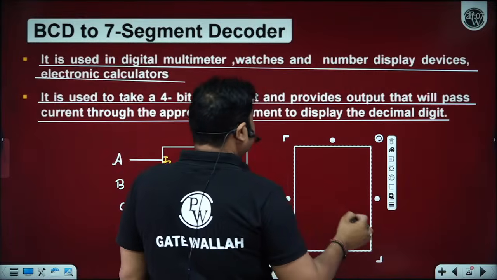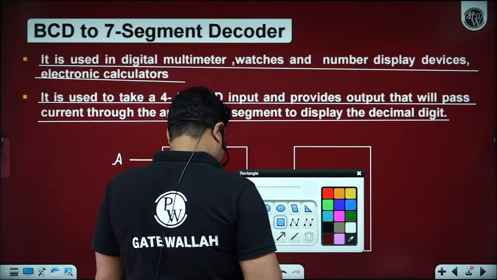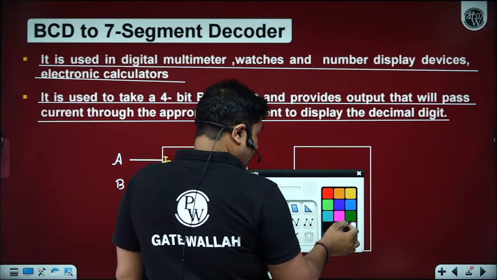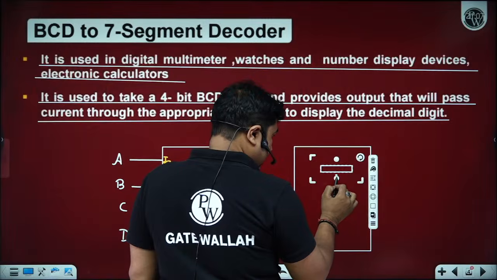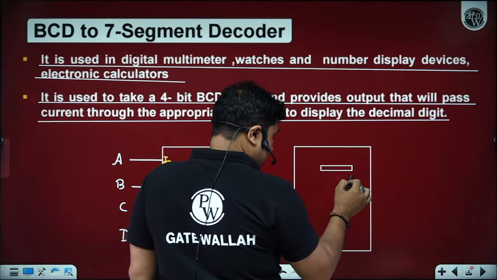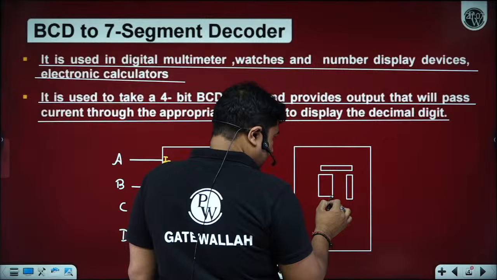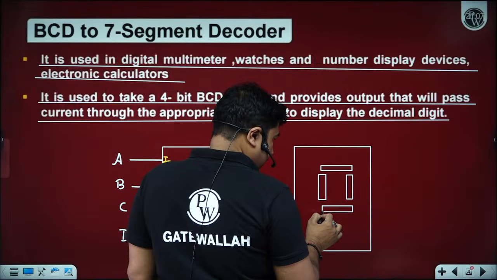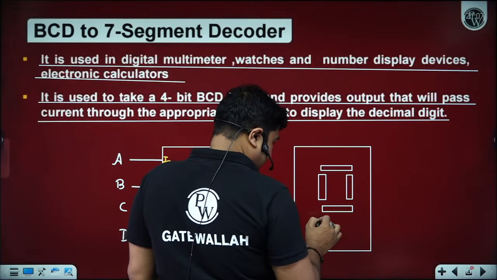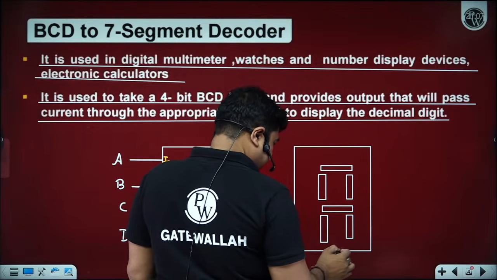You can understand like we have these 7 segments: one, two, three, 4, 5, 6, and 7.